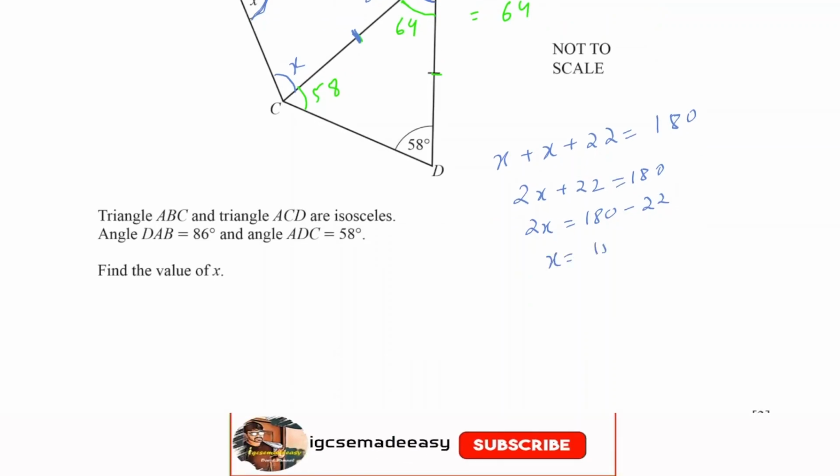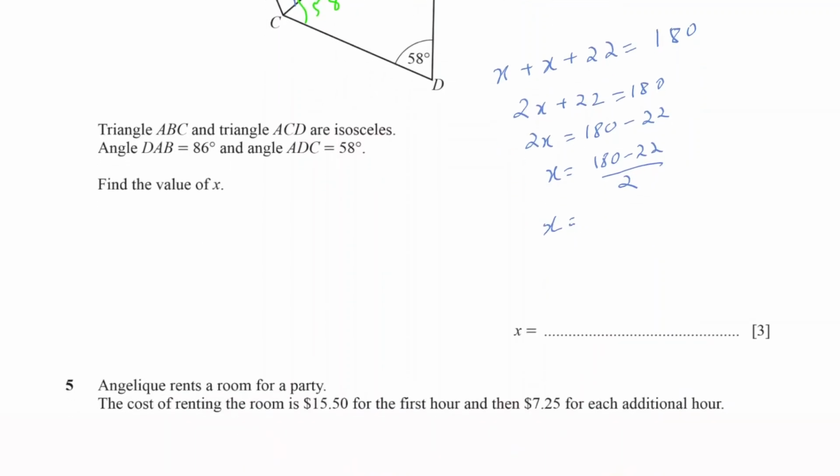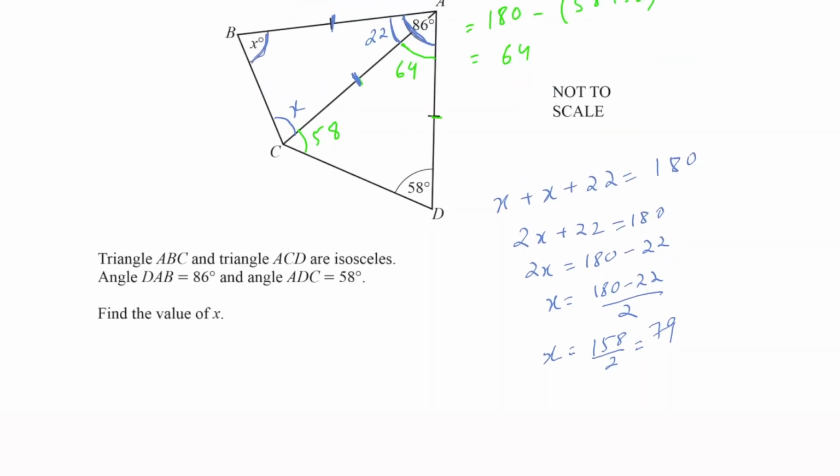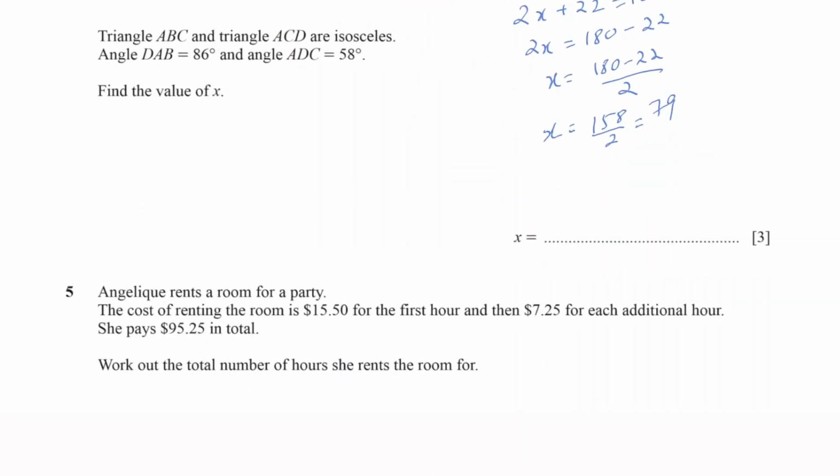So 180 minus 22 is 158, and 158 divided by 2 is 79. So the value of x will be 79 each. Okay. So we got the answer, that is 79 degrees.